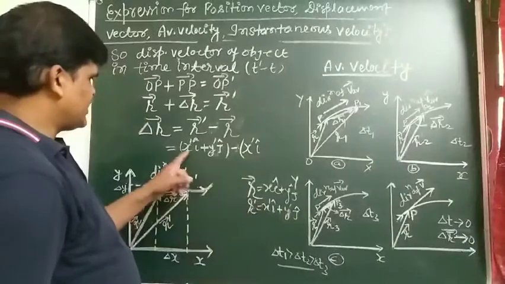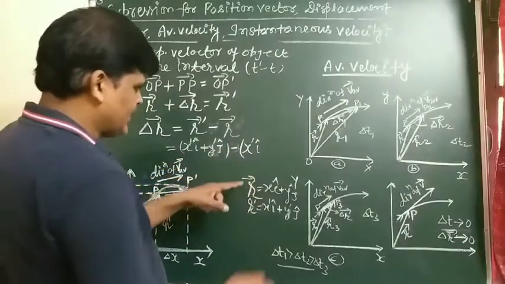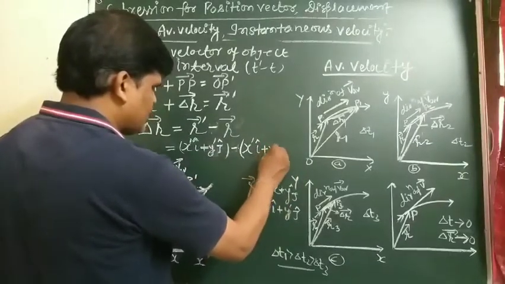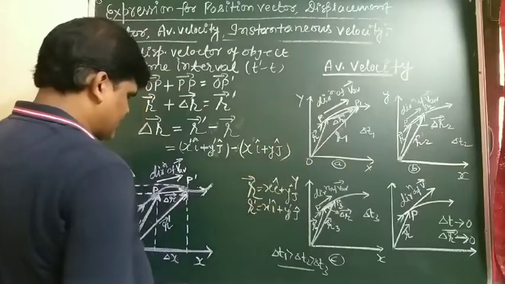So delta r is r dash minus r, that is x dash i cap plus y dash j cap minus x i cap plus y j cap.